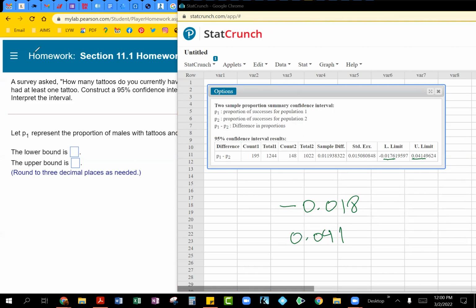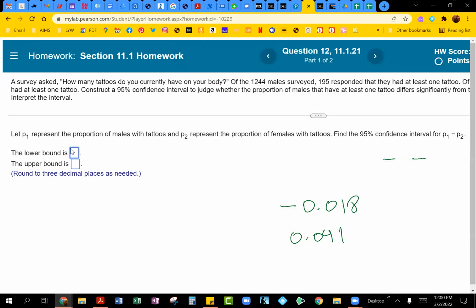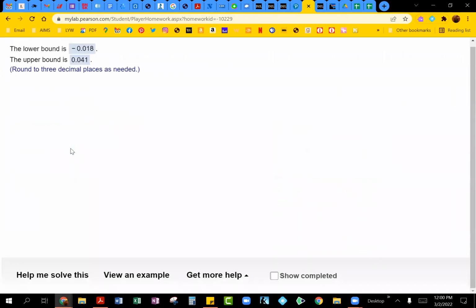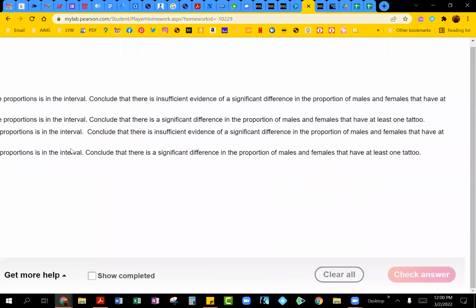So 3 decimal places. Let's type that in here, negative 0.018, 0.041. Okay, and this is kind of weird. I don't know why this problem does that, but after you check your answer, it has you click on continue.